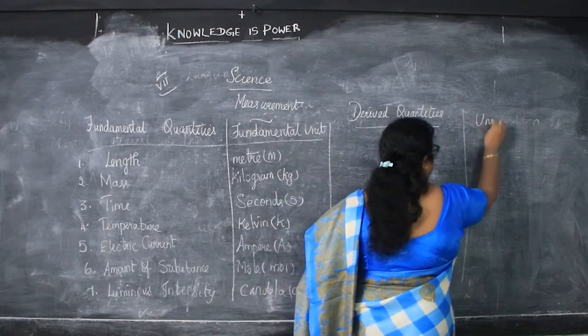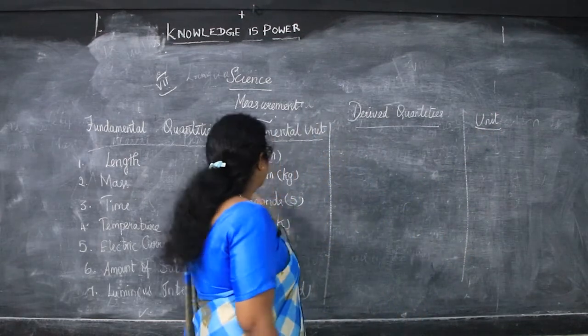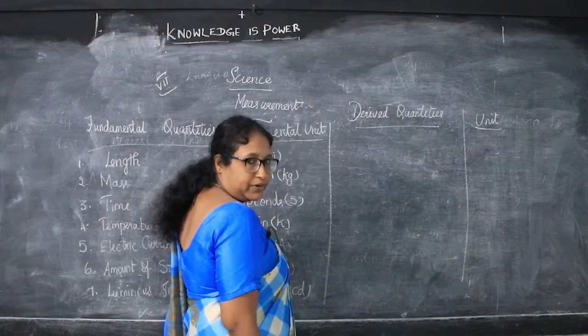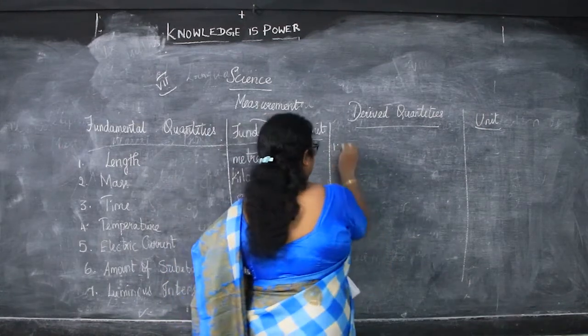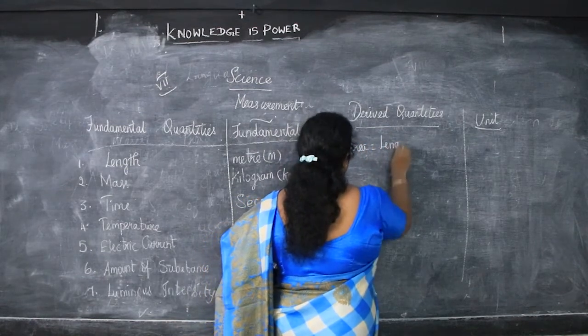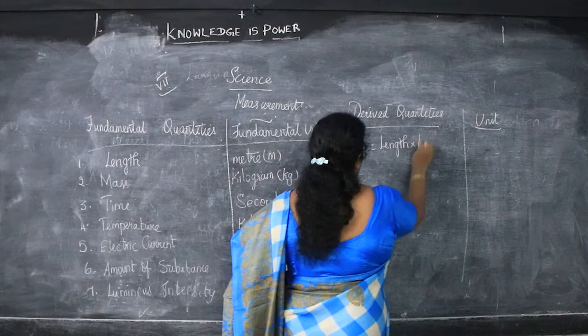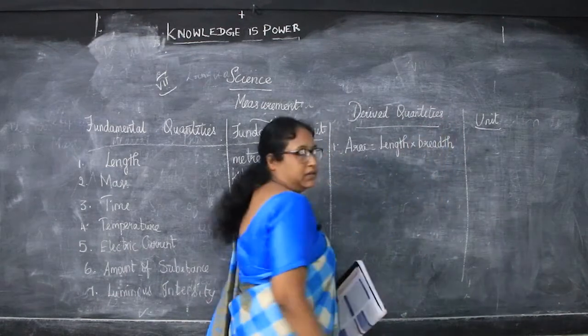And its unit. So already I have taught you about this. First I gave you fundamental quantities. Now derived quantities. First is area, length into breadth.